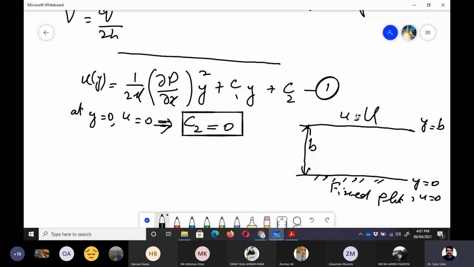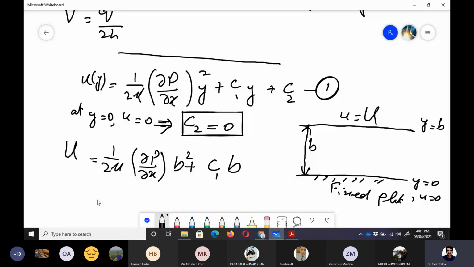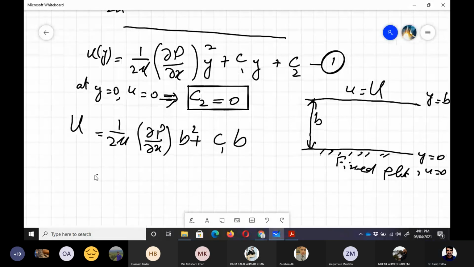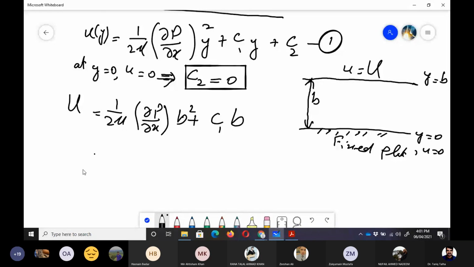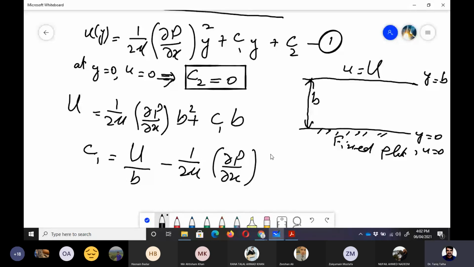Now the next boundary condition: when y is equal to b, u is equal to capital U. So we can write capital U is equal to 1 upon 2 mu partial p by partial x into b square plus c1 b. Now from here, if we want to calculate c1, that would be equal to U upon b minus 1 upon 2 mu partial p by partial x into b. Right.